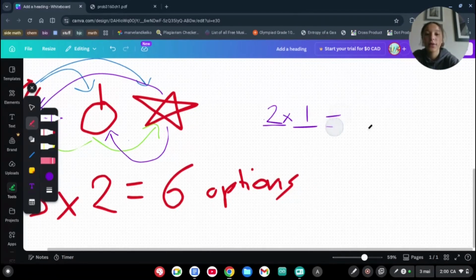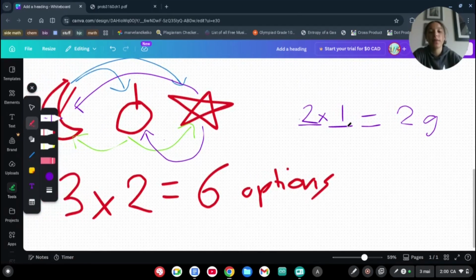That tells me I can make 2 groups. So I know that I'm overcounting each group twice. If I'm making a group of 2, how many ways can I overcount a group of 2? This is what it tells us.